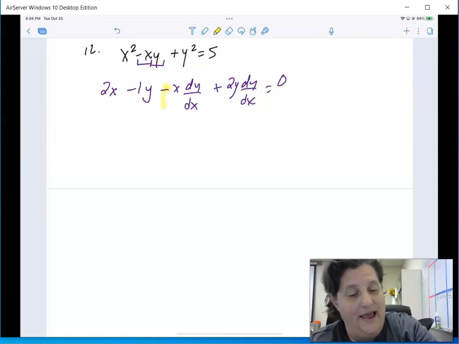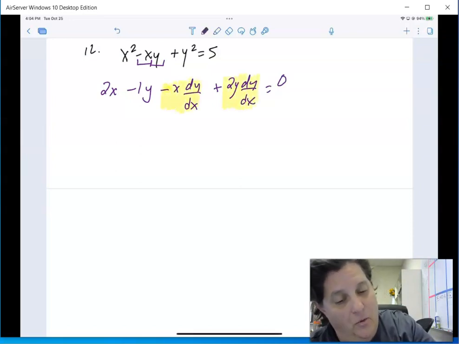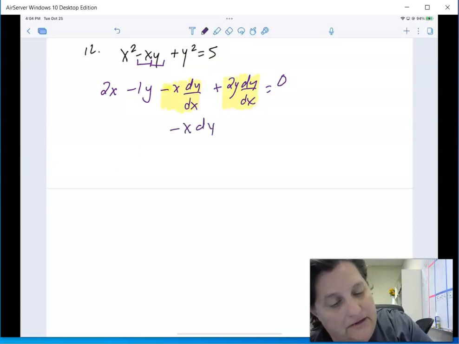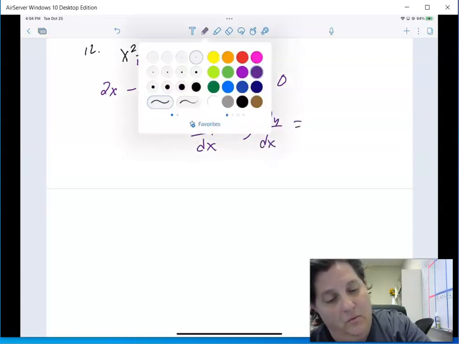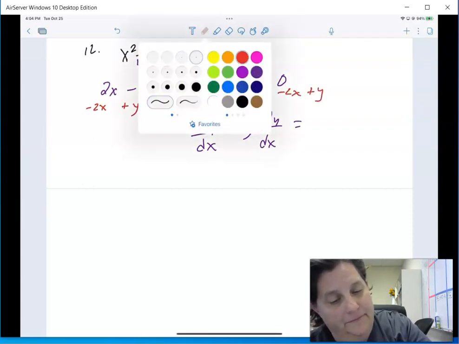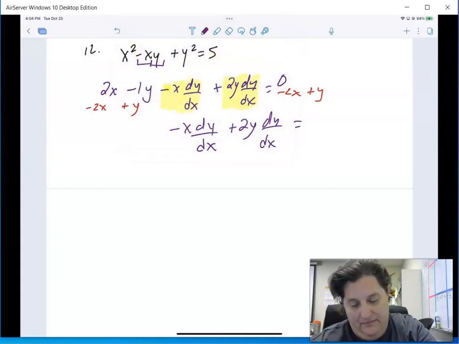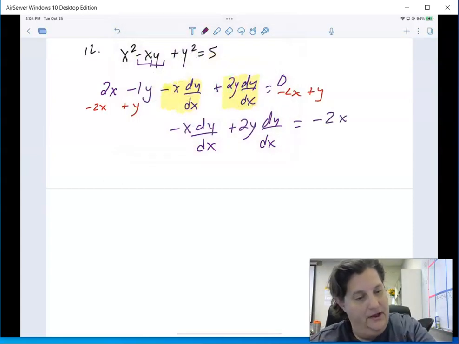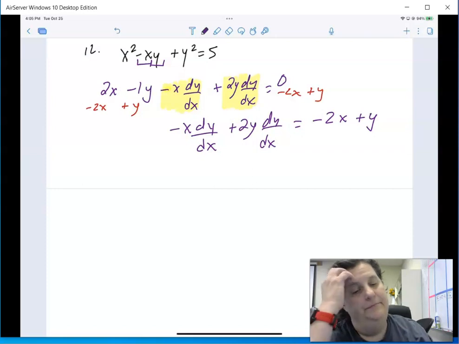Then what I do is anything with a dy dx will stay on the same side, and anything without a dy dx goes to the other side. When I move this over, I subtract the 2x and add the y over. So it becomes minus 2x plus y.